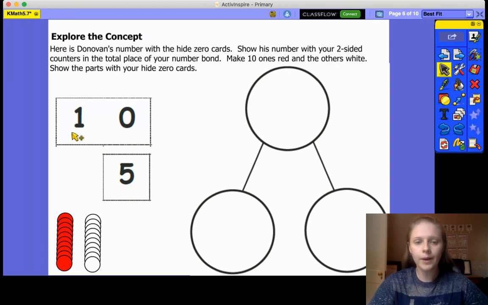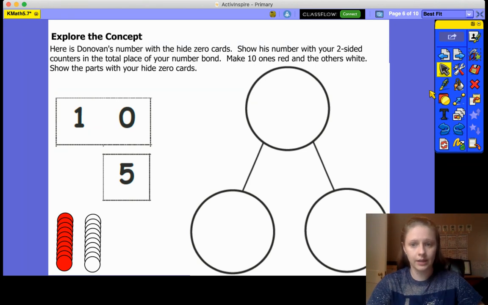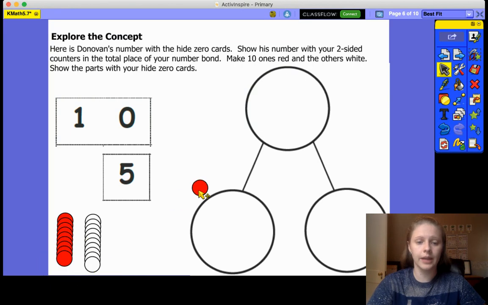All right, friends, we're going to explore the concept using our number bond tool. So right here, we have our hide 0 cards. It's showing us that we have 10 and we have 5 more, just like we did on the last problem. So our job is to fill in the number bond. What are the 2 parts that you see looking at these numbers? And we can also draw a picture to help. Inside this one, one of our parts is 10.